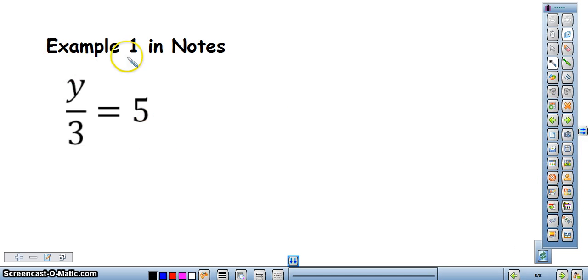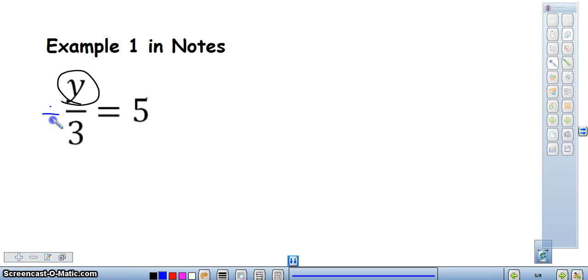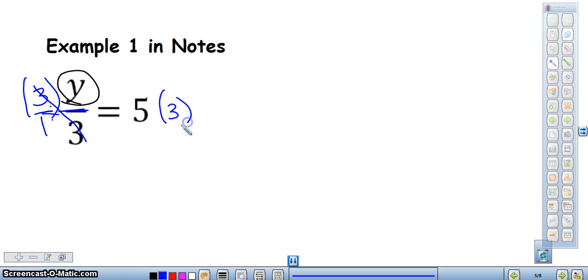So in your notes, example 1, isolating our variable: y is being divided by 3. Since this line means division, the inverse of dividing is to multiply. 3 over 1. Do I have to put 3 over 1 on this side? I could.